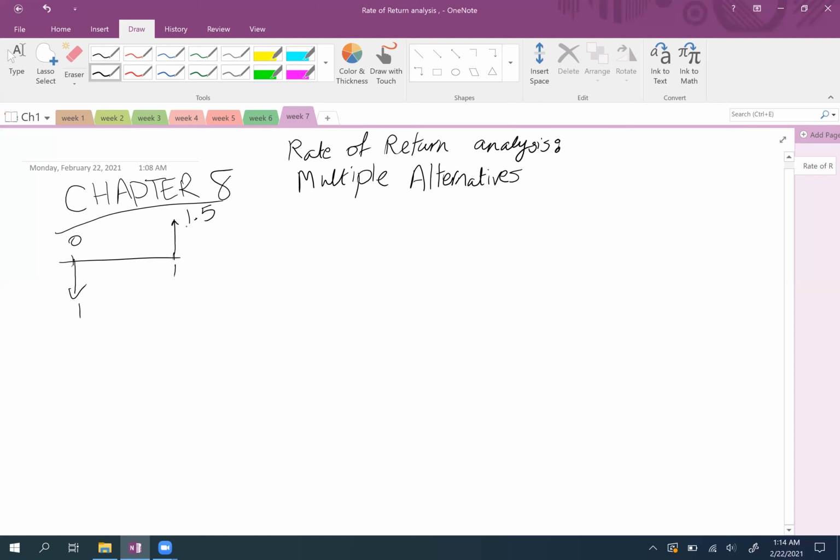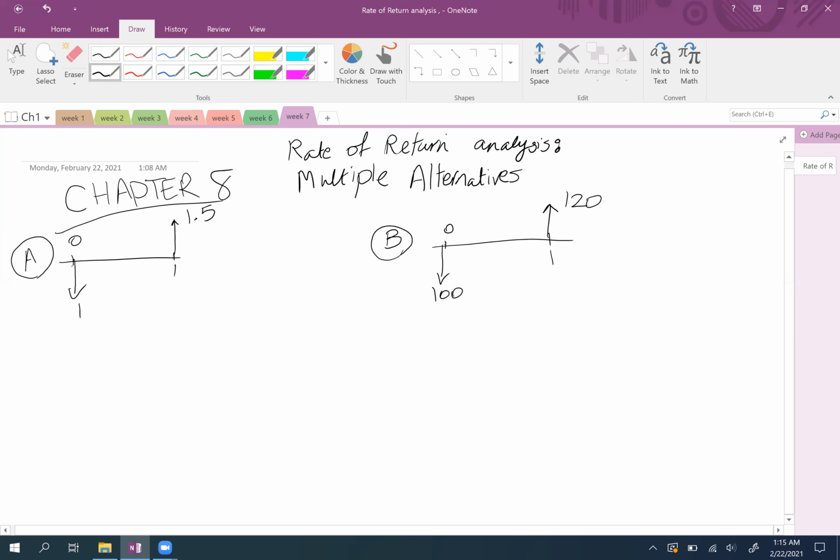Let's call this alternative A. For alternative B, let's say I will spend $100,000 at time zero, and after 1 year, I will be able to make $120,000. The question is, if I want to use rate of return analysis, which one should be selected, A or B?